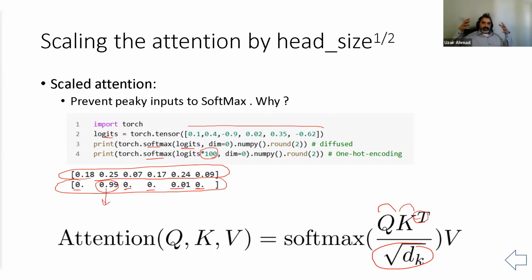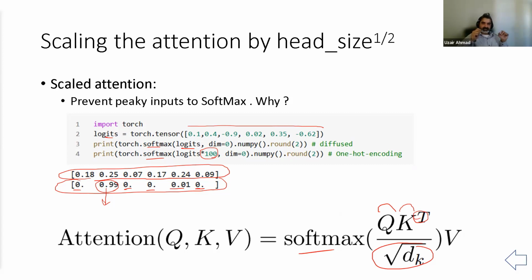But the correlation matrix, which is the output of Q and K, when we pass it through the softmax, we want to learn that every word is possibly related to all other words in a sentence.